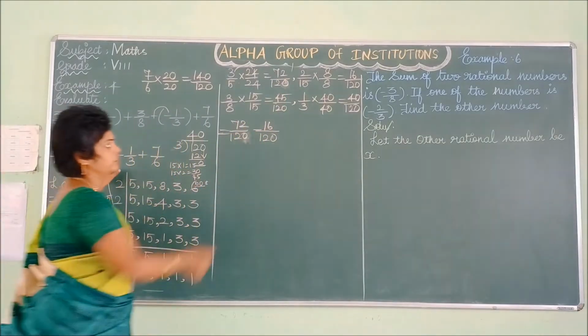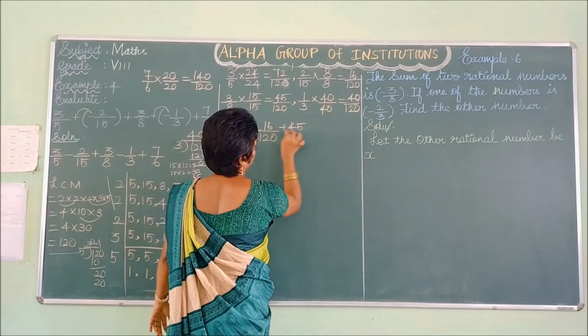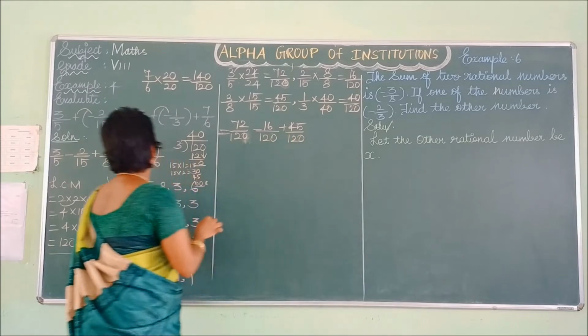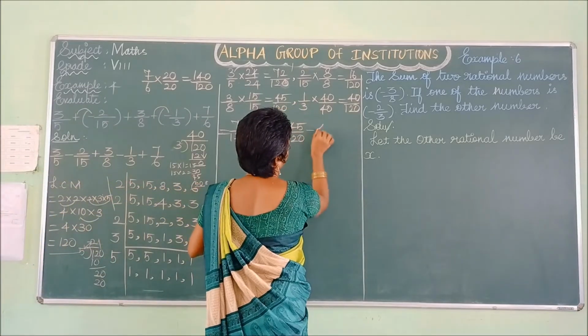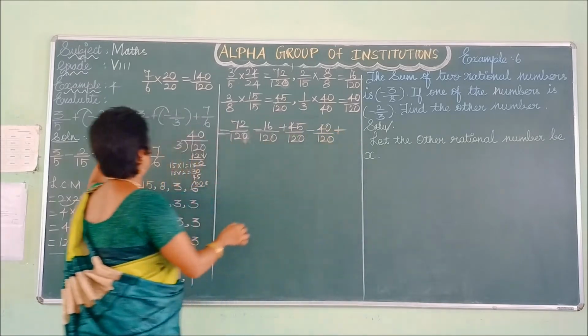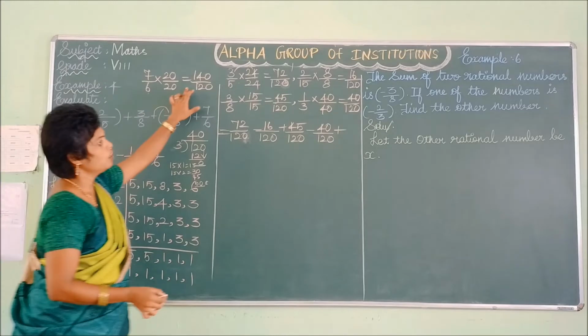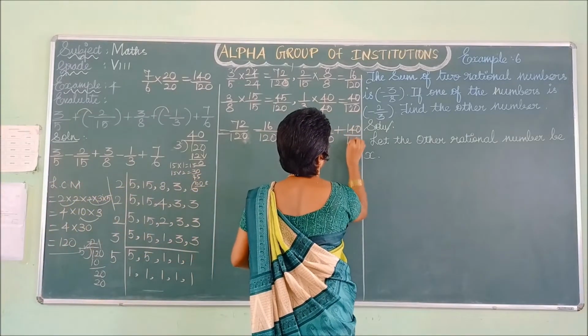Then 3 by 8 is 45 by 120. Then 1 by 3's value is 40 divided by 120. Then our final value 7 by 6 is 140 divided by 120.